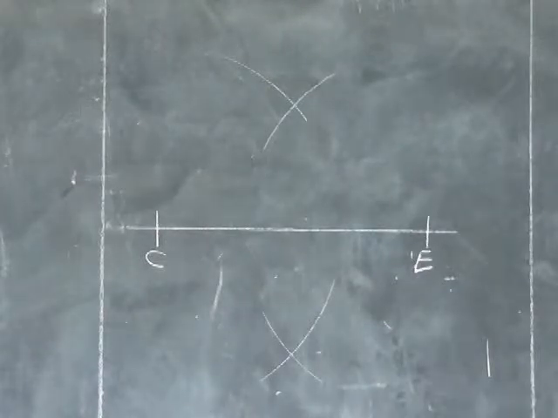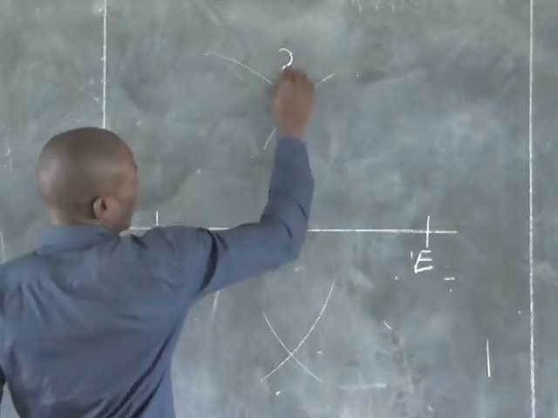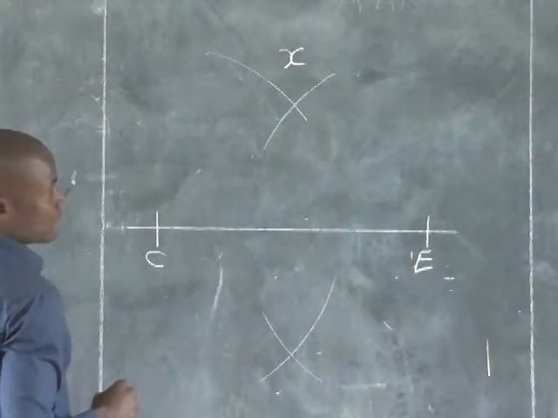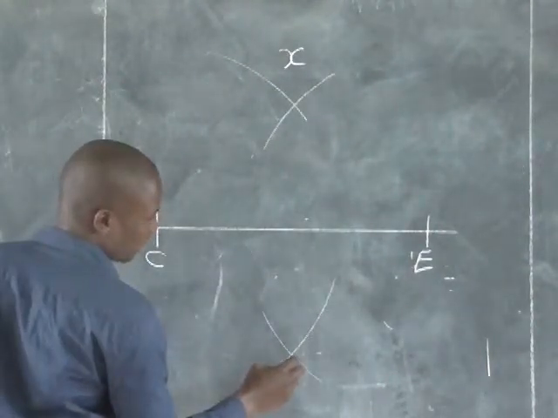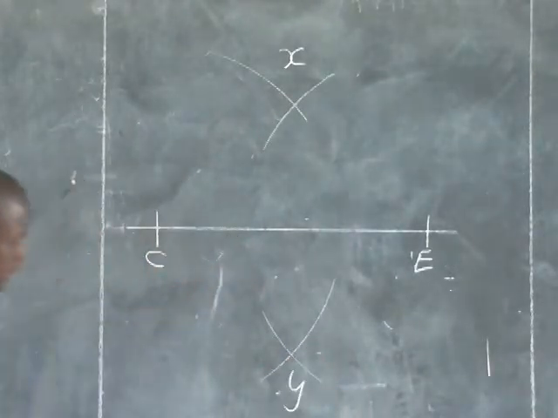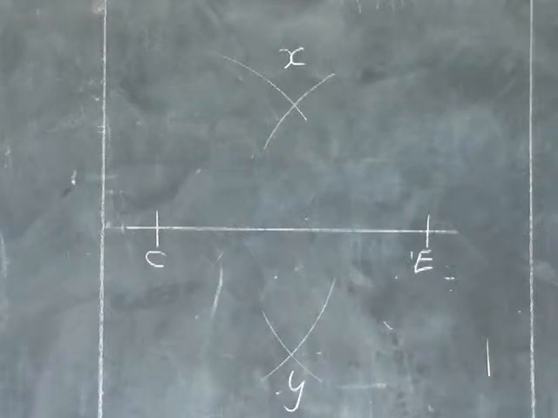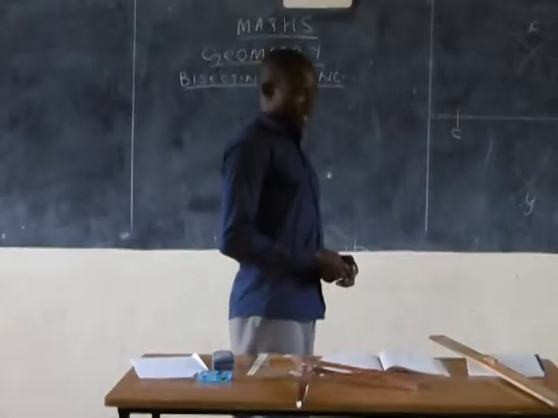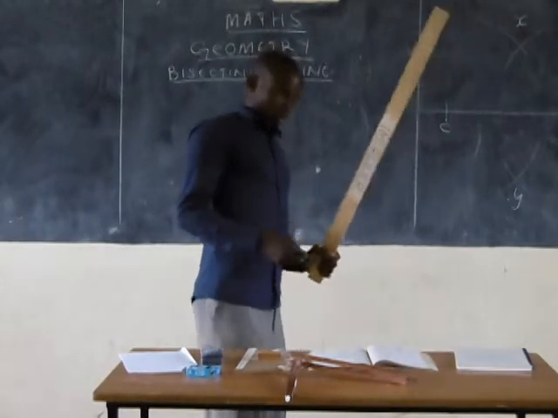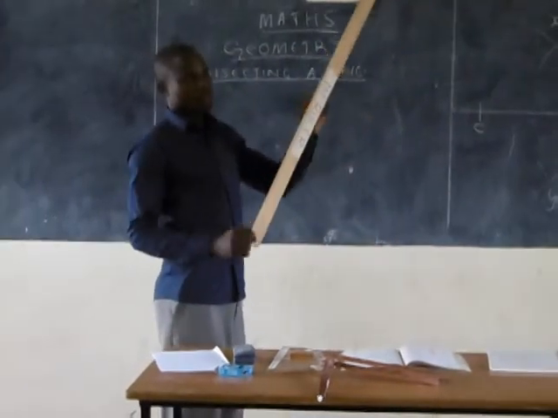Name them. Let us have this one to be X, and the one that is below the line to be Y. Are we together? Very good. From there, pick your ruler.